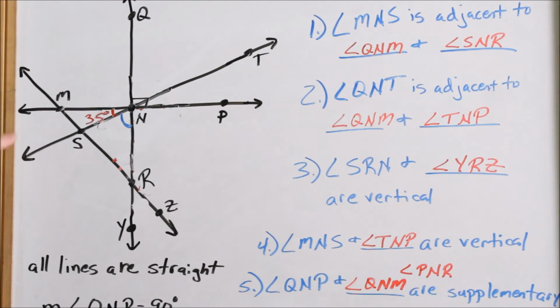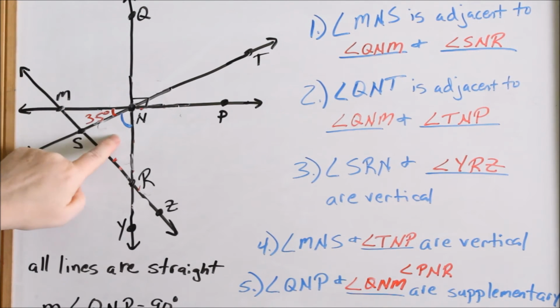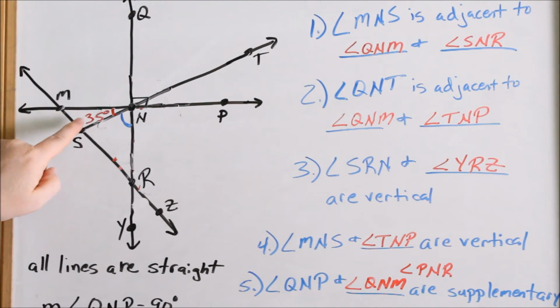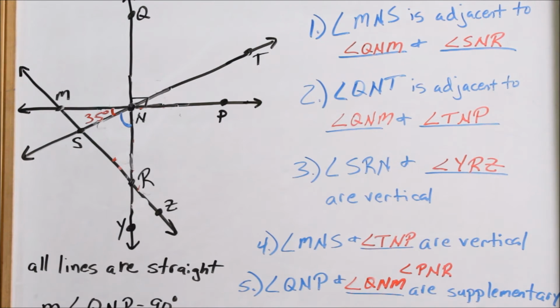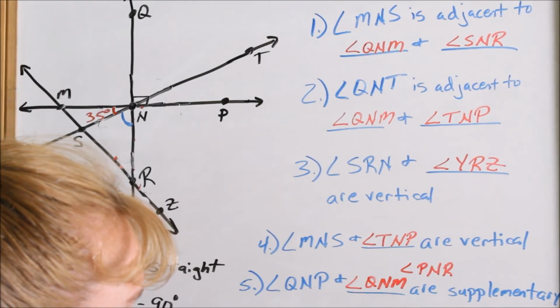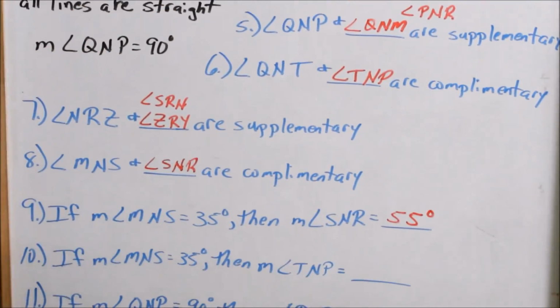Well, what do we know about these 2 angles? These 2 angles are complementary. They add up to 90 degrees. So if they add up to 90 degrees, and we know that that one is 35 degrees, then what is the missing one? Should be 55 degrees. 55 plus 35 is 90. Don't forget your degree symbol.